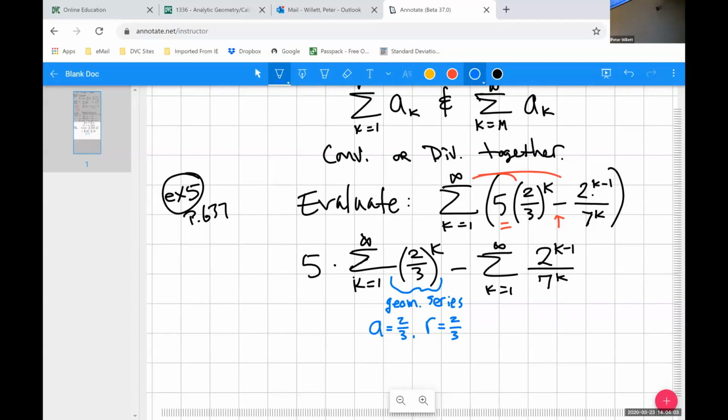So perhaps we can recognize that this part here is also a geometric series, where the first term, when k is 1, I get 2 to the 0, which is 1, over 7 to the 1, which is 7. So the first term is 1/7. And then each time I go over from there, as k gets 1 bigger, I multiply by another 2 on the top and a 7 on the bottom. So r is 2/7.